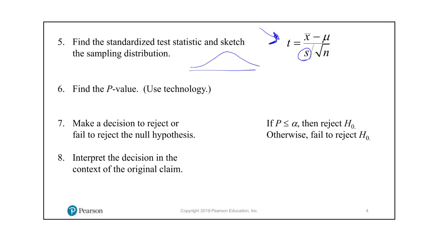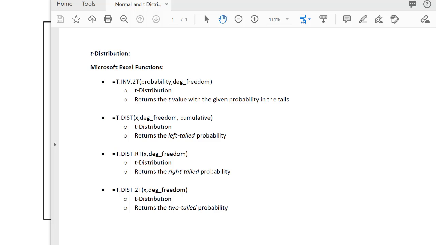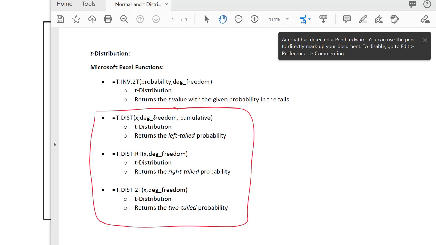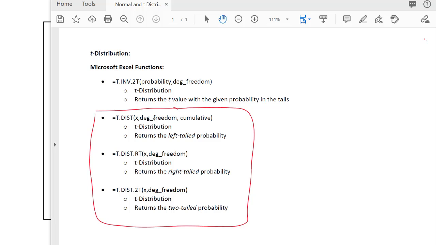technology to find p-values. Okay, so when we're doing this, we're going to be using these formulas here, T.DIST.RT for right tail, and T.DIST.2T for the two-tailed.